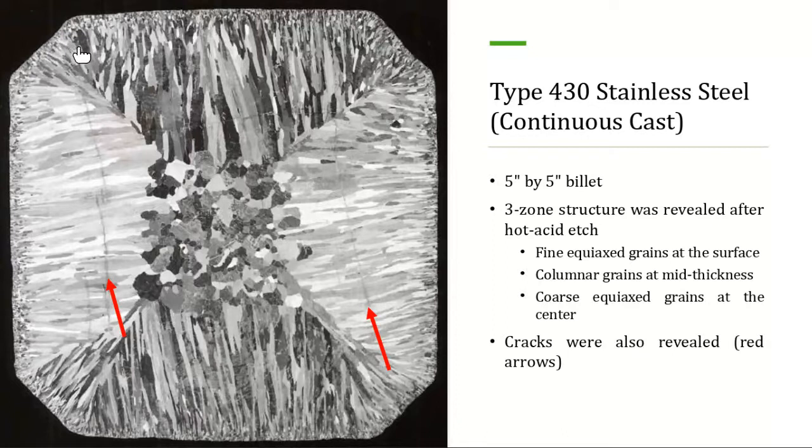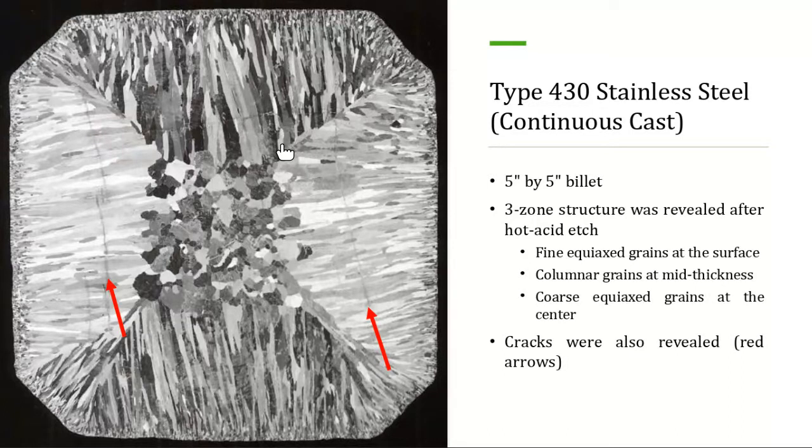Now the rest of the material is going to cool slowly, but because you now have a gradient where it's cooling here and it's still very hot in the center, your grains will grow in a columnar structure. And until it gets to the very center where the billet is still hot, the grains are going to be larger because they cool at a much slower rate.